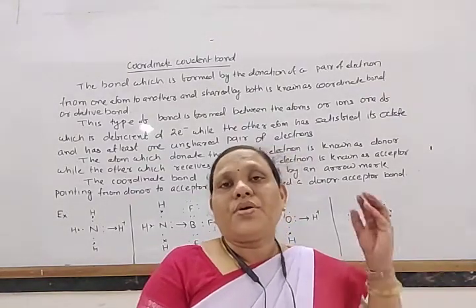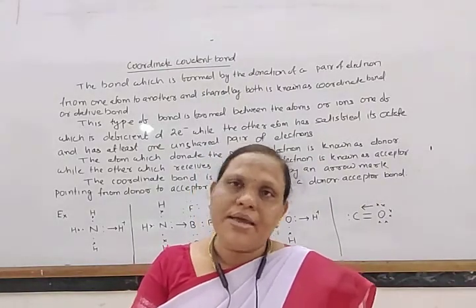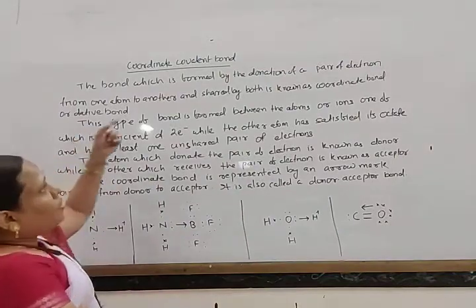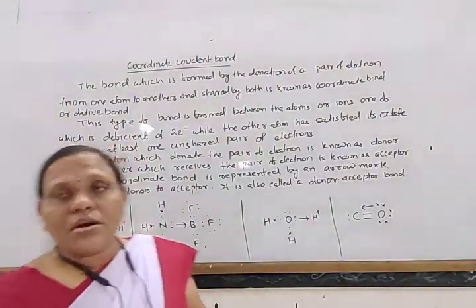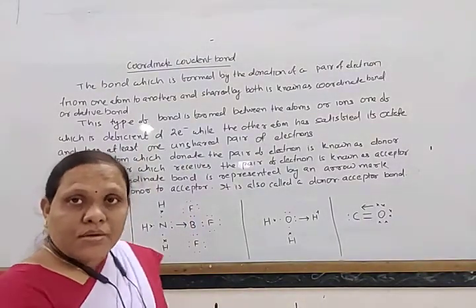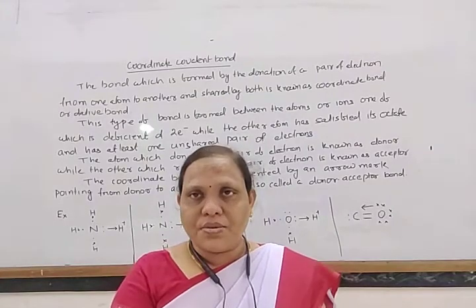But here the contribution is by one atom but shared by both. So the bond which is formed by the donation of a pair of electrons from one atom to another but shared by both is known as a coordinate bond.